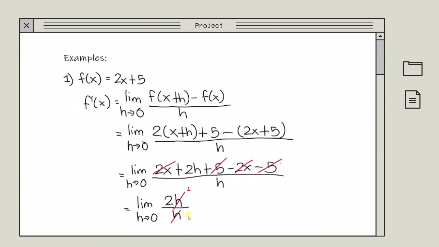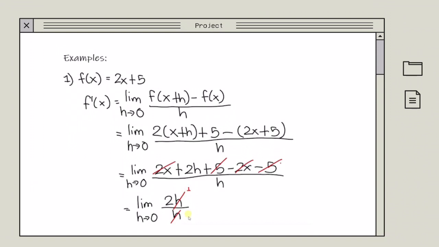So, we write it down. Lagyan lang natin ng group symbols kasi nagsusubtract tayo ng buong function natin na f of x. So, this is just equal to 2x plus 5. And then, according to the formula, ito na yung f of x plus h natin.